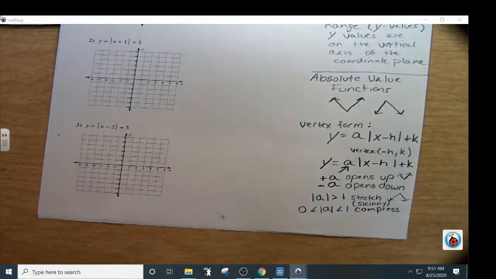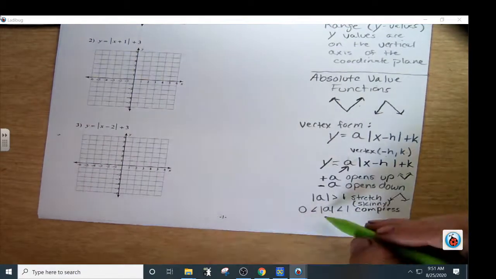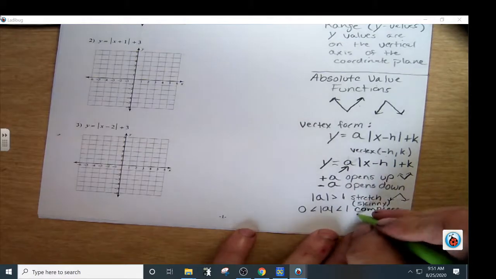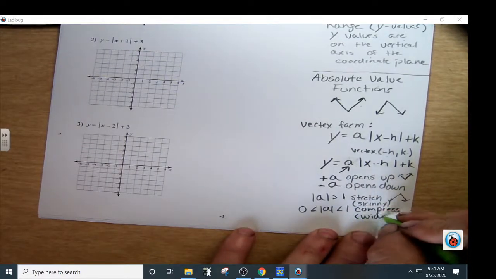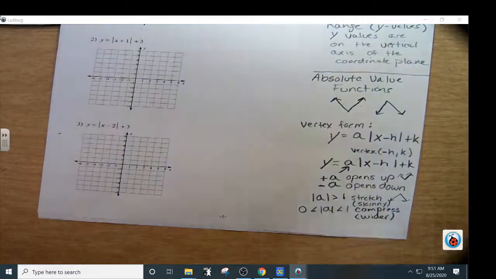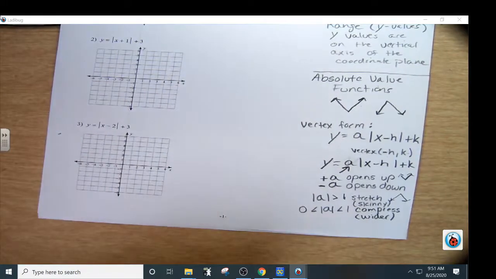It gets skinnier. As A gets bigger, the gap in this thing gets skinnier and skinnier. Okay? If it compresses, the smaller that fraction gets, the wider it goes from being this till it gets wider and wider and wider. If you have the smaller the fraction goes towards 0, the wider it gets. Okay?